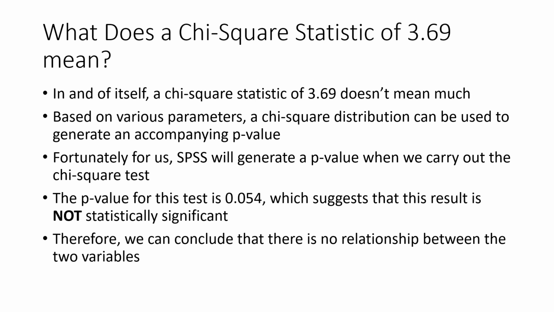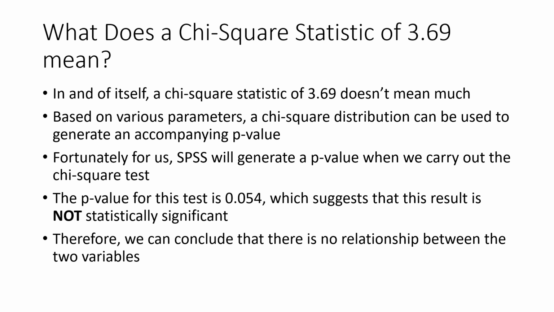Now, it's important to remember that a larger chi-square statistic generally corresponds to a lower p-value, which in turn generally corresponds to a greater likelihood of being able to generalize the results of our sample to our population.